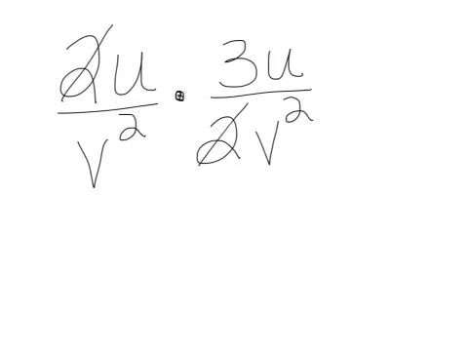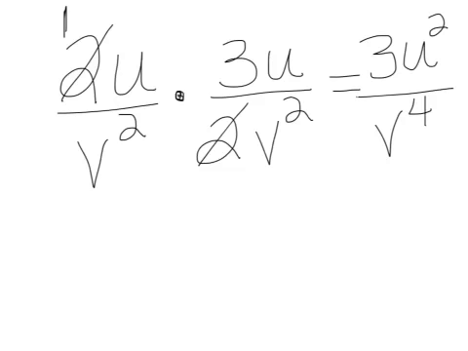And I can reduce that, and that will leave us with a 1. Remember, we can reduce diagonally, up and down, but never straight across. So therefore, we have 1 times 3 is 3. U times u is u squared. Over v squared times v squared is v to the 4th. And that's our final answer.